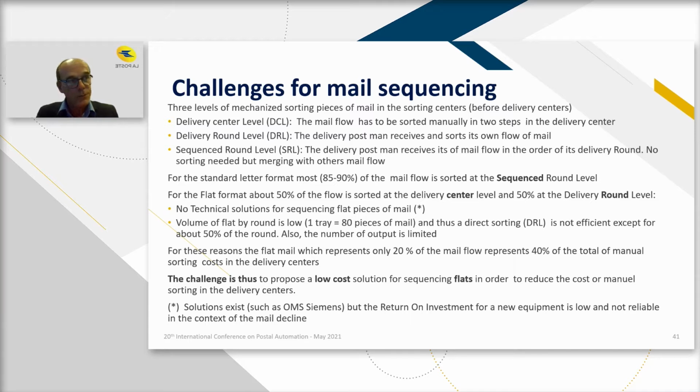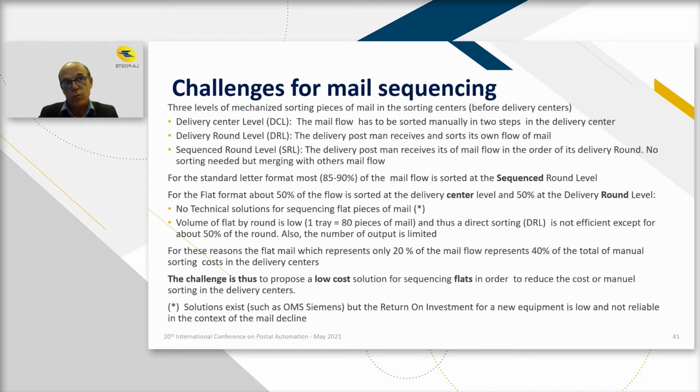When we speak about the different types of mail flow, of course we have the standard format letter, and for this kind of mail, we sort at the sequenced level about 85–90% of the mail flow, which is very high.